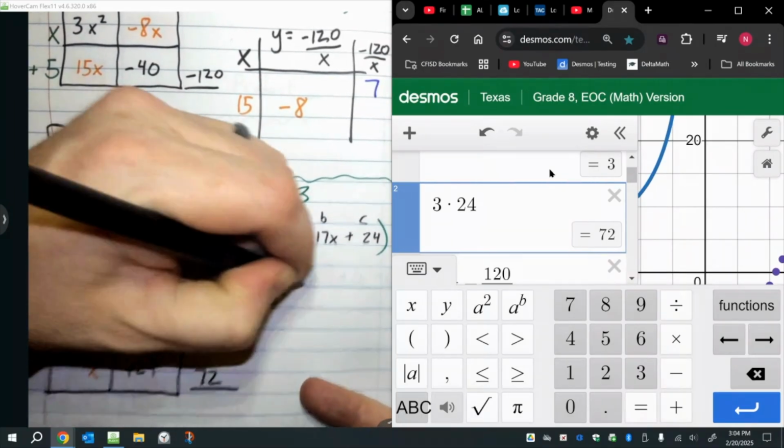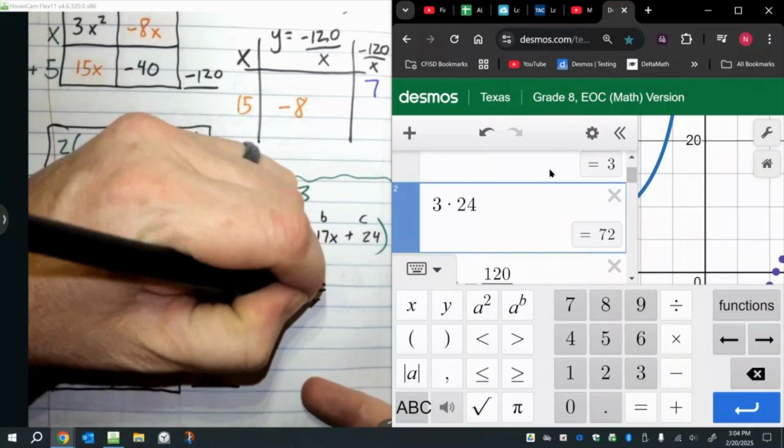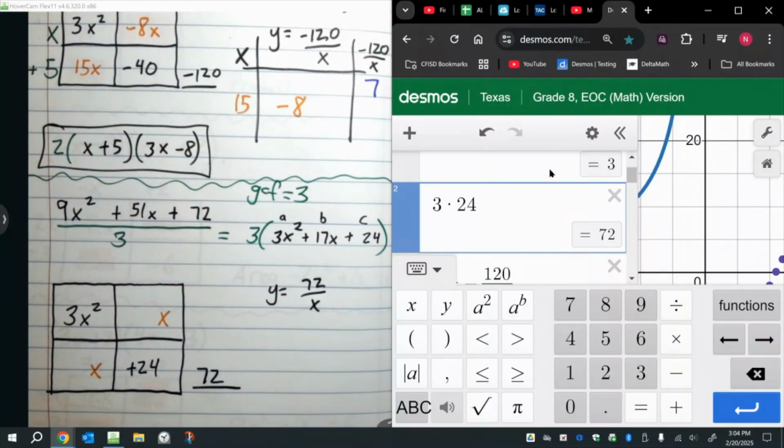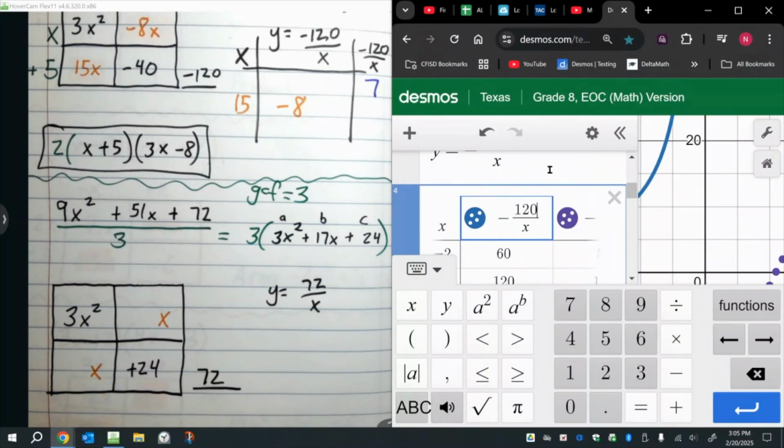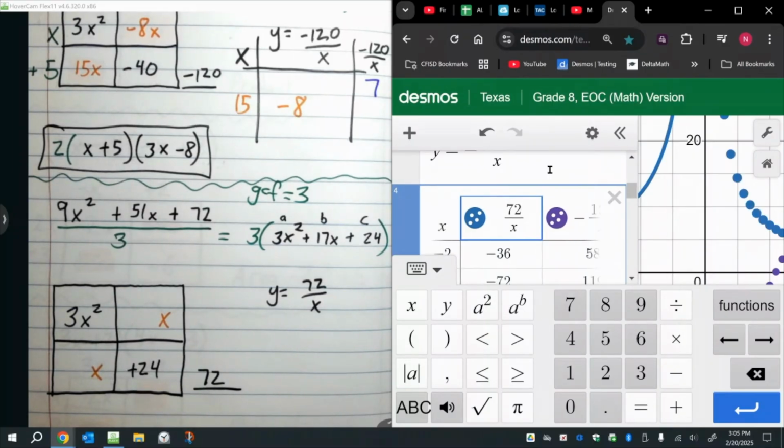So we're going to type y equals 72 divided by x. You can even come down here. 72, get rid of the negative. Go over here. 72, get rid of the negative.